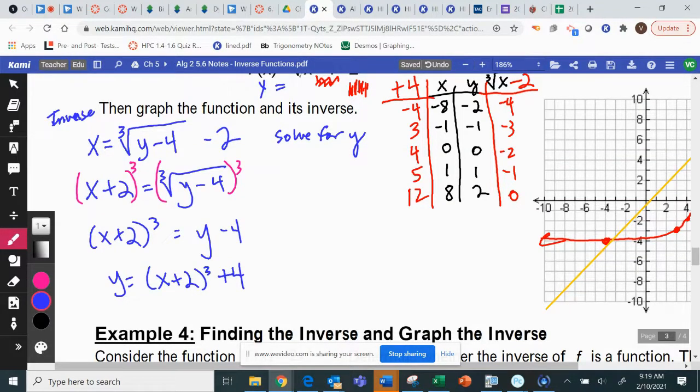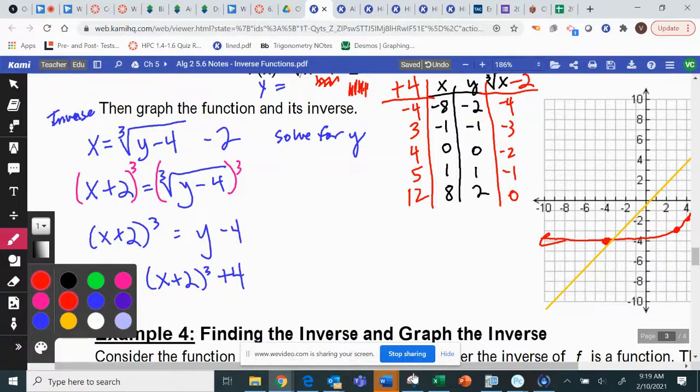If it is a function, we're going to put it in function notation. And here's a hint for you right here. What color do I want to write it in? I'll put it in black.